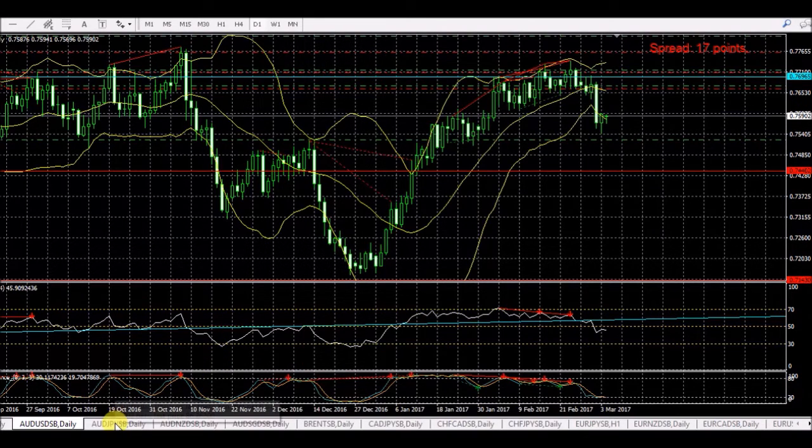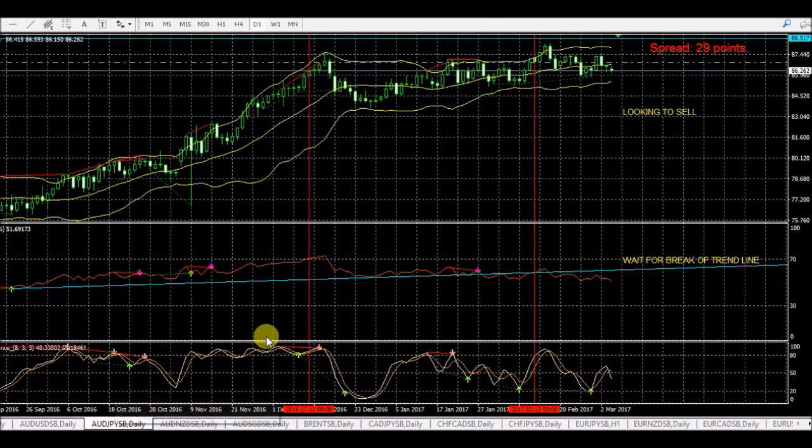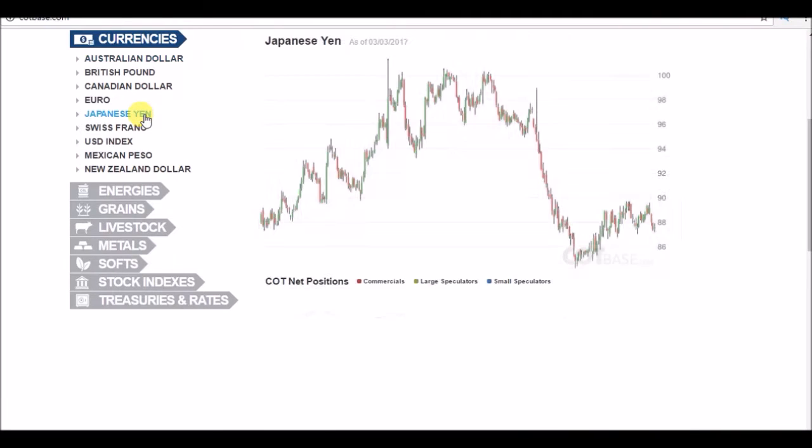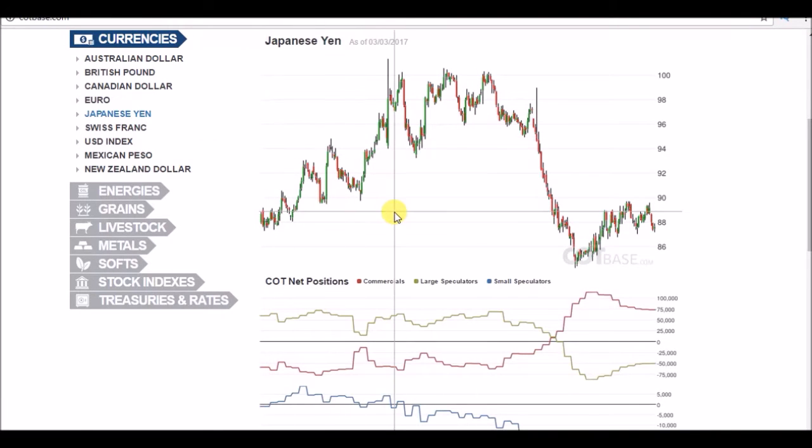Right, AUD JPY. So we'll now go on to the commitment of traders report, and we will look at the Japanese yen. This is going a little bit squiffy here. Again, this graph does work fairly well for this pair.